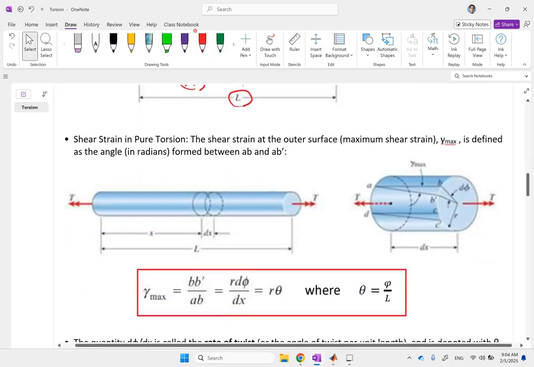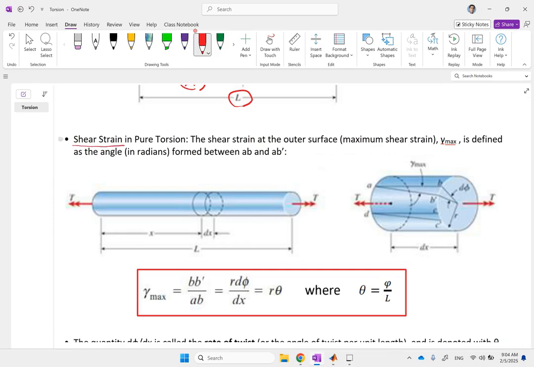Now, if we want to calculate the shear strain, the change in the angles in pure torsion, what we do is we look at a small element at location X. So we move to location X, we consider some small disk that you can see here, and this disk has a thickness of dx.